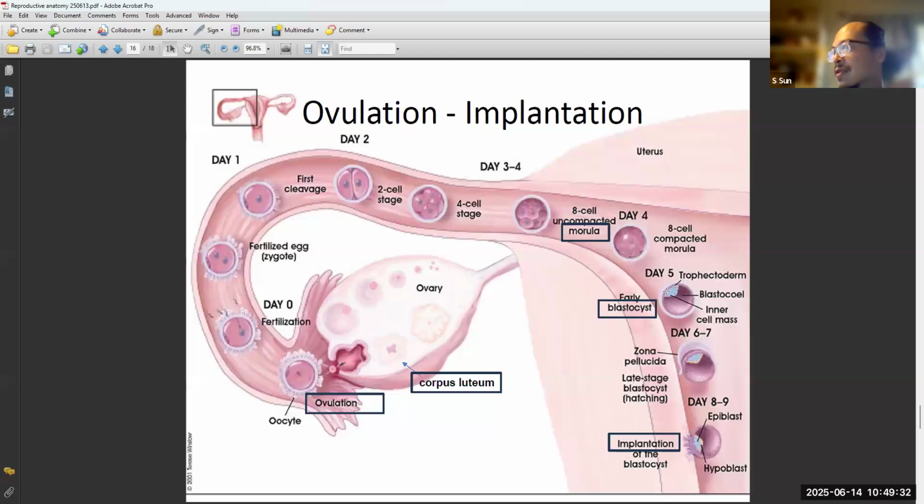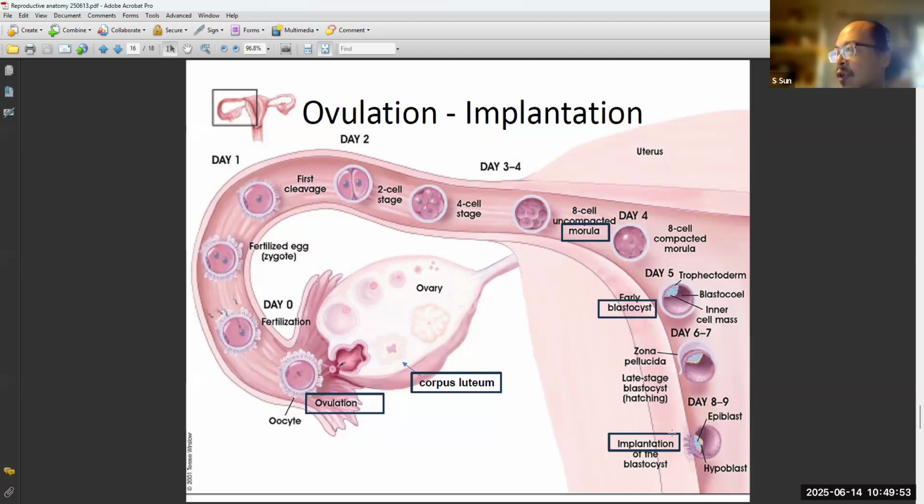The trophectoderm will then attach to the mother. The trophectoderm will start to secrete enzymes to break down the environment, allowing the blastocyst to implant.